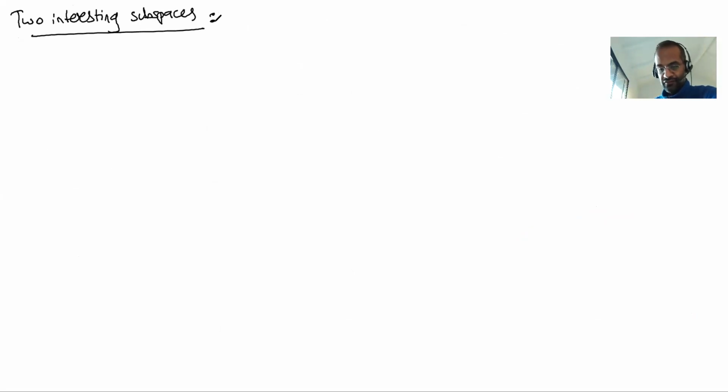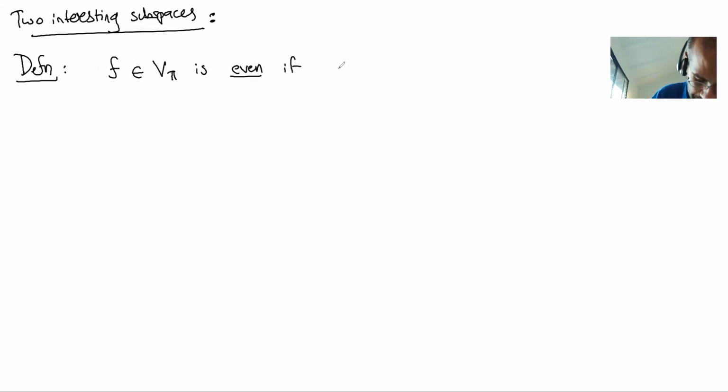Okay, so here's the definition. A function f in V_pi is even if f of x equals f of minus x for every x. Oh, sorry, it's not a vector, it's just a point.